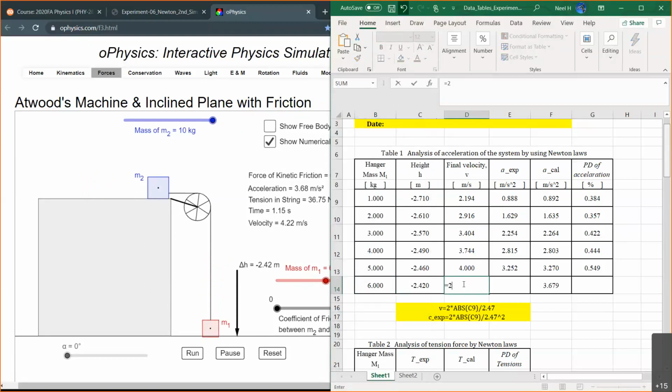Equal sign 2 times ABS parentheses C14 divide by T, which is 1.15, and for acceleration equal 2 times ABS parentheses C14 divide by time 1.15 to the power 2. They are very close to each other. Percentage error is still very small. Question.